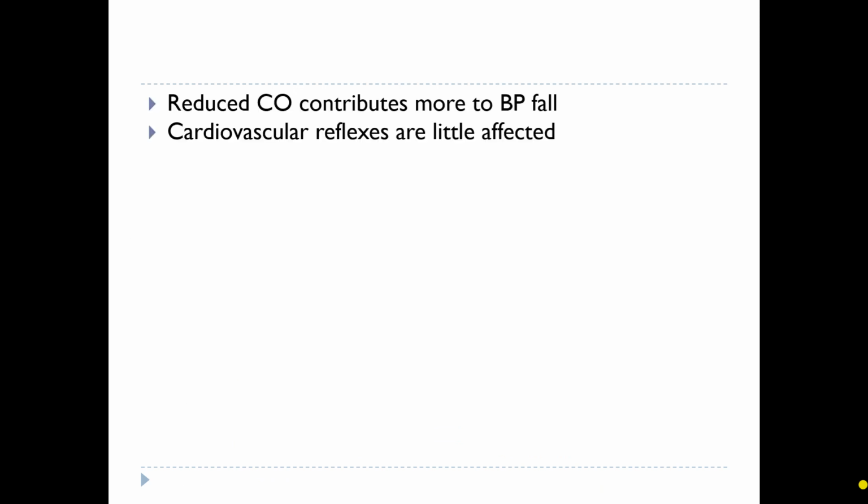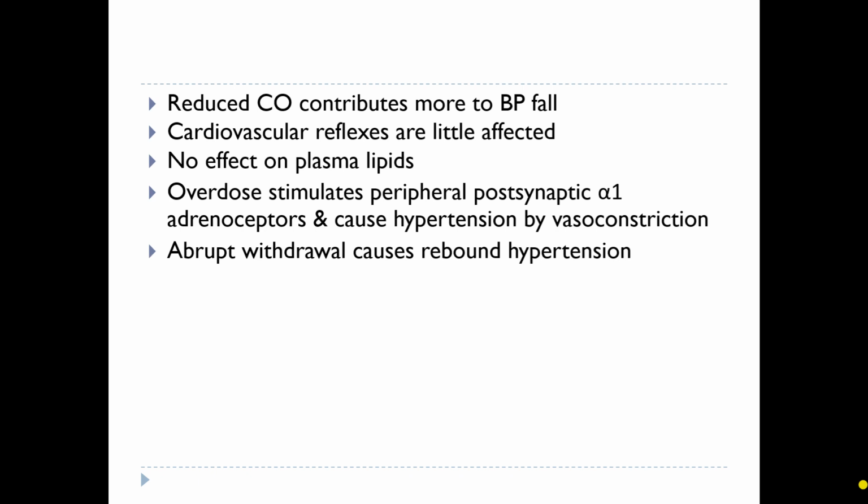So, reduced cardiac output contributes more to the fall in blood pressure rather than the presynaptic alpha 2 action. Cardiovascular reflexes are little affected. There is no effect on the plasma lipid level. Overdose stimulates the peripheral postsynaptic alpha 1 adrenoceptors, which cause hypertension by vasoconstriction.